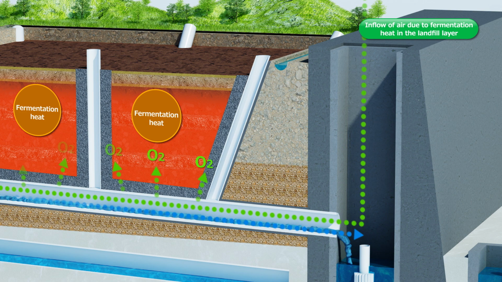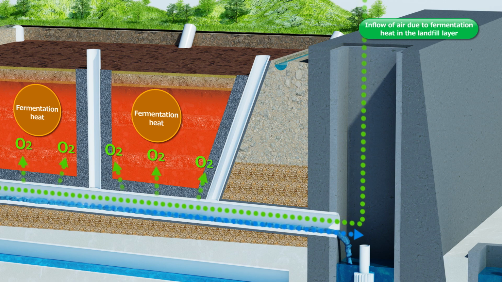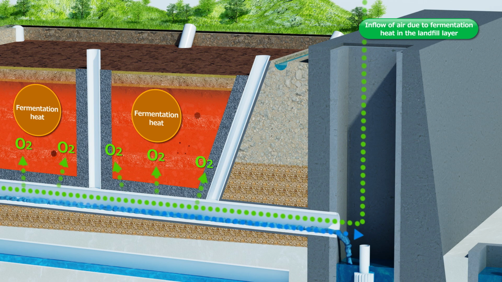As a result, air flows into the landfill site through the collection and drainage pipe in the opposite direction to the leachate flowing into the leachate collection pit. In this way, by constantly inflowing air into the landfill layer and maintaining the layer in an aerobic state, the activity of microorganisms in the layer is activated and aerobic microbial decomposition is promoted.